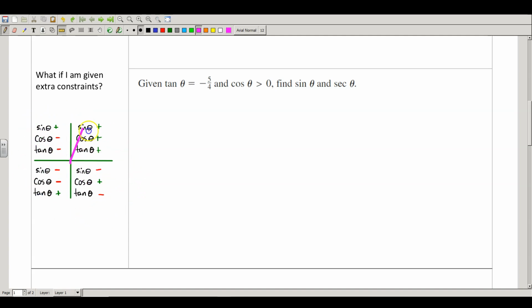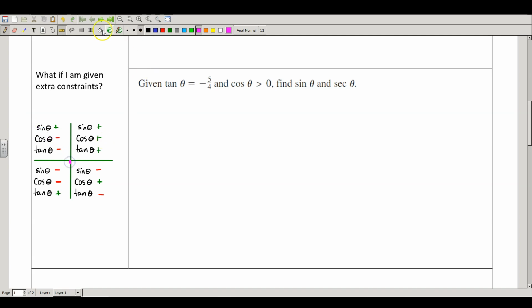So it's either going to be in quadrant 2 or in quadrant 4, because tangent is negative in either 2 or 4. So there's a little bit of ambiguity here. Is theta over here or is theta over here? There's two places I could draw this triangle.